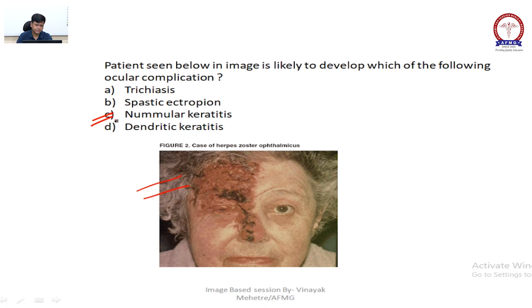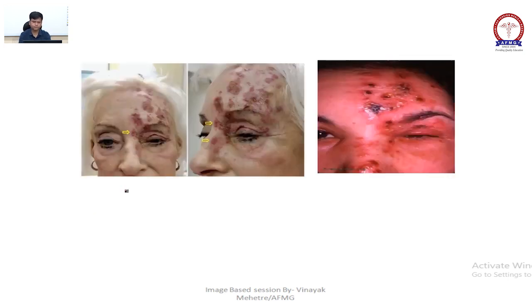Nummular keratitis is seen in herpes zoster ophthalmicus, and dendritic is seen in herpes simplex. Now, this is called as Hutchinson sign. See, second image, Hutchinson sign.